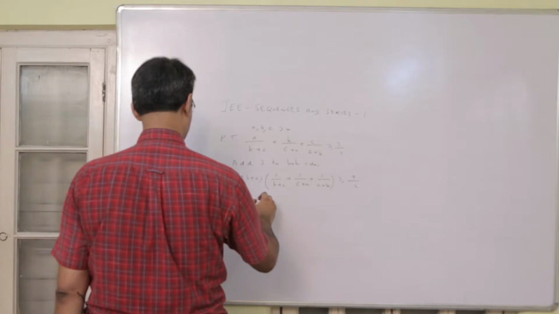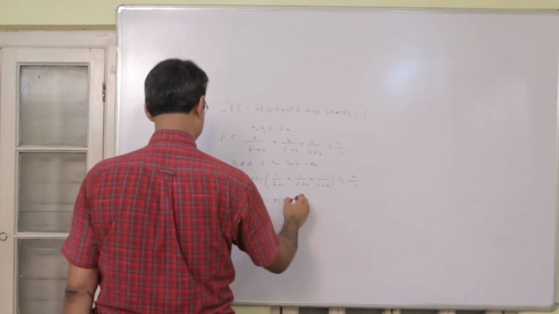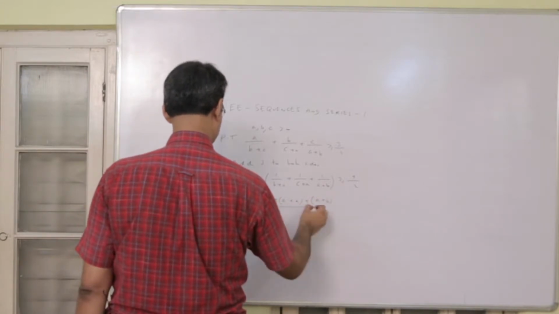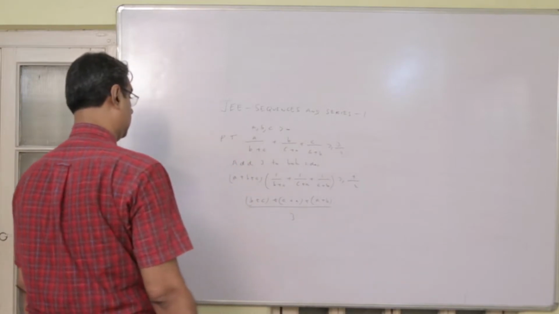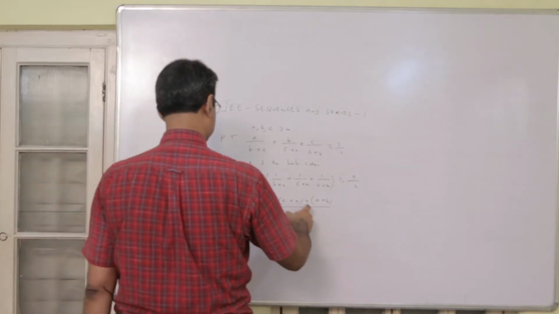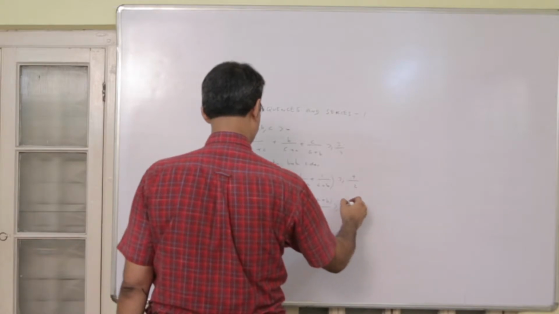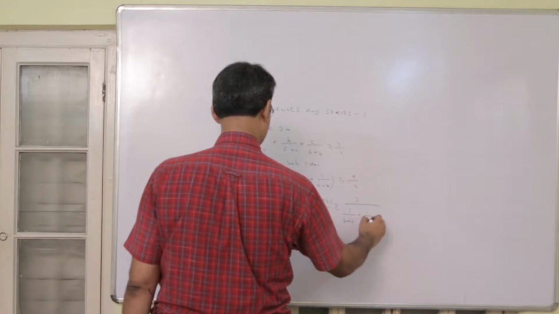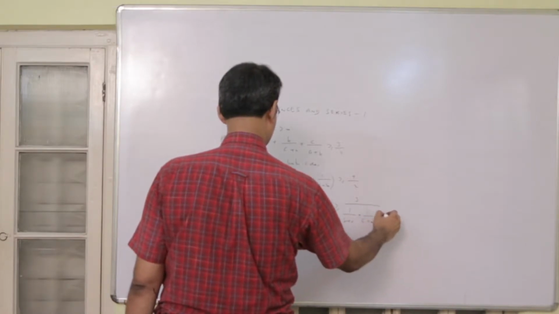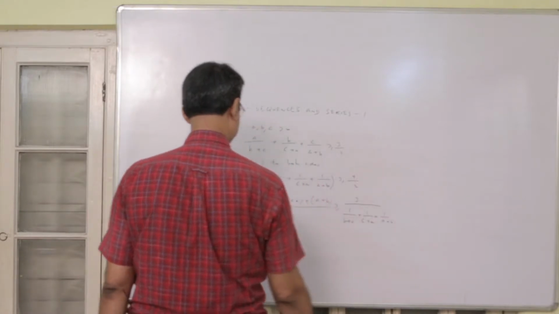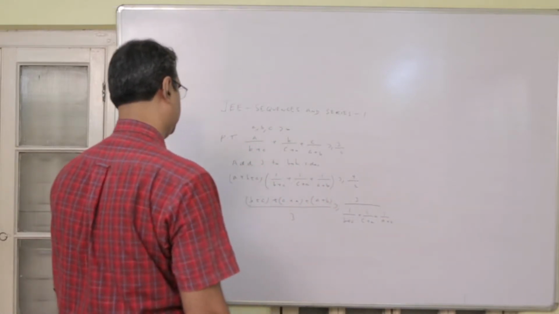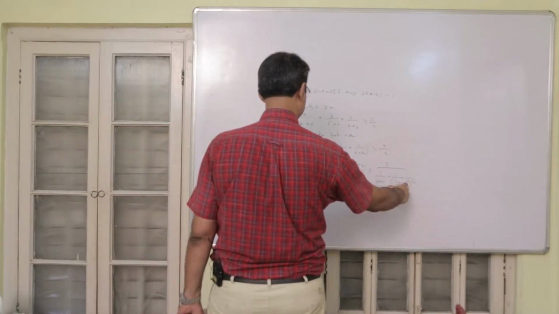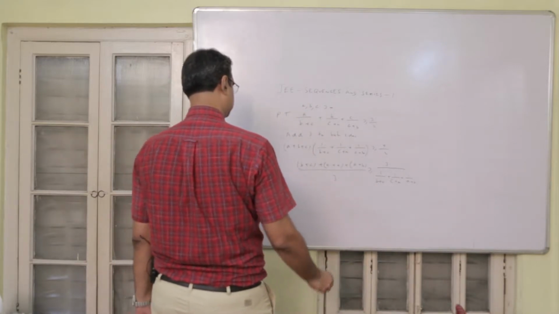Let us take the arithmetic mean of these three numbers, b plus c, c plus a and a plus b. It is greater than or equal to the harmonic mean. Harmonic mean is 3 divided by 1 by (b plus c), 1 by (c plus a), 1 by (a plus b).